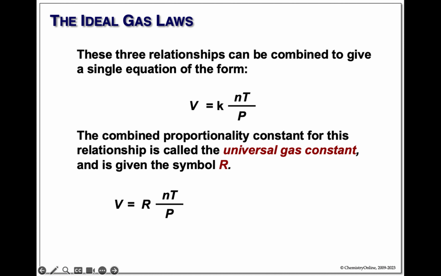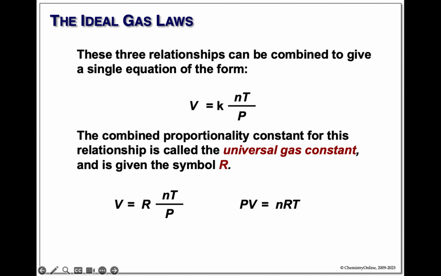Well, okay, that's an equation, but it's not a fun equation. If we take both sides and multiply by P, this side will give us PV. This side will give us N, R, and T. This is a much more fun equation.